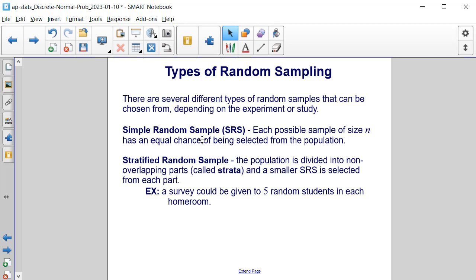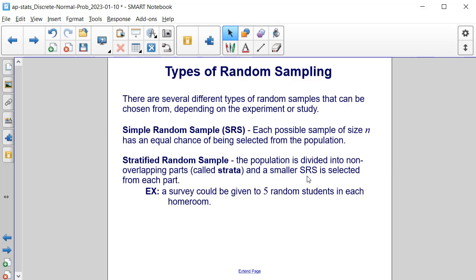The first one is a simple random sample, or SRS for short. In this case, each possible sample size, n, has an equal chance of being selected from the population, capital N. In a stratified random sample, the population is divided into non-overlapping parts called strata. That's where the strata from the beginning of stratified comes from.